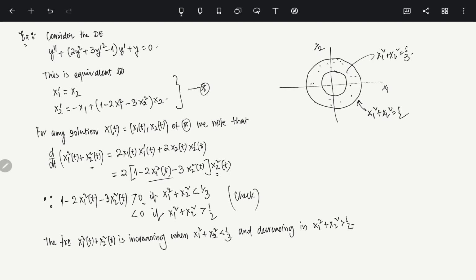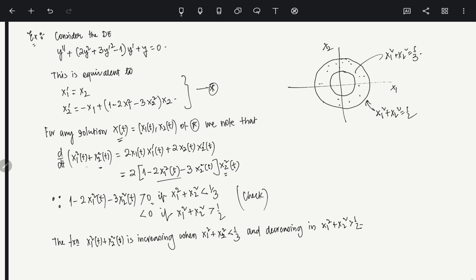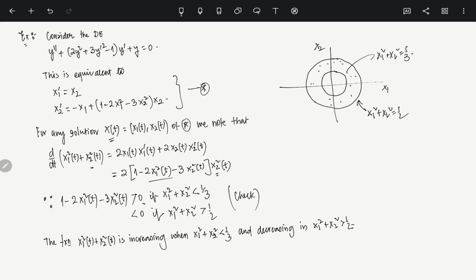So you see this differential equation, the system, has a trajectory, the given solution x of t. If you move along the trajectory, x1 square plus x2 square will be increasing in this region. The trajectory x of t has two components, x1 of t and x2 of t, so x1 square plus x2 square is nothing but the norm of x(t) square.